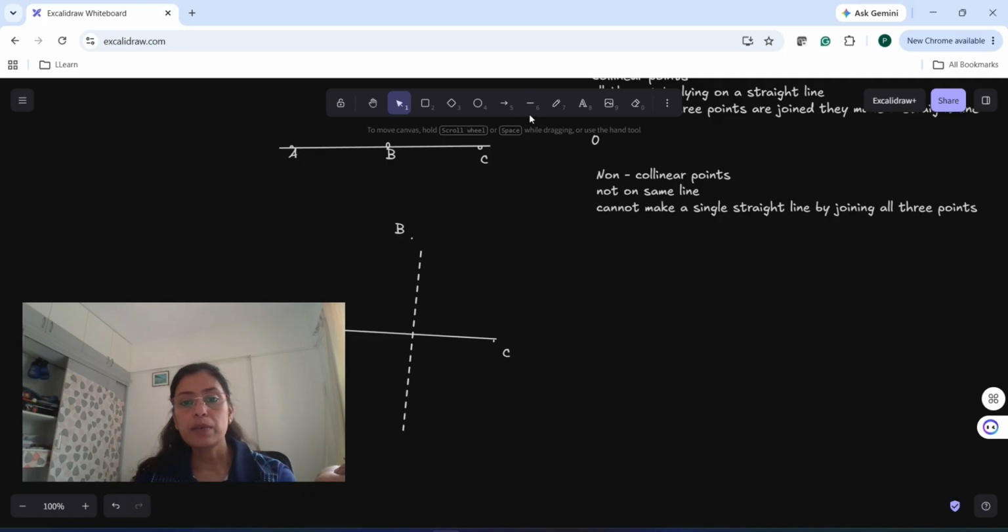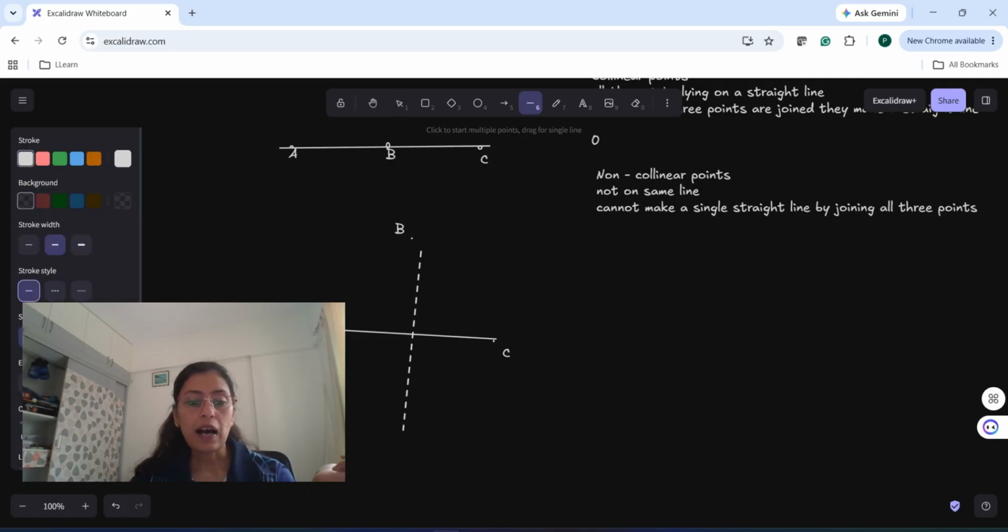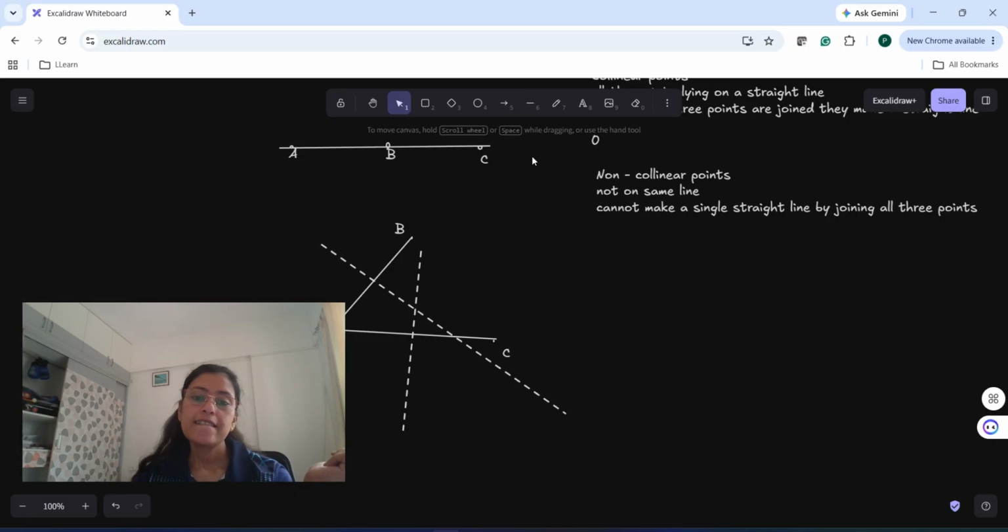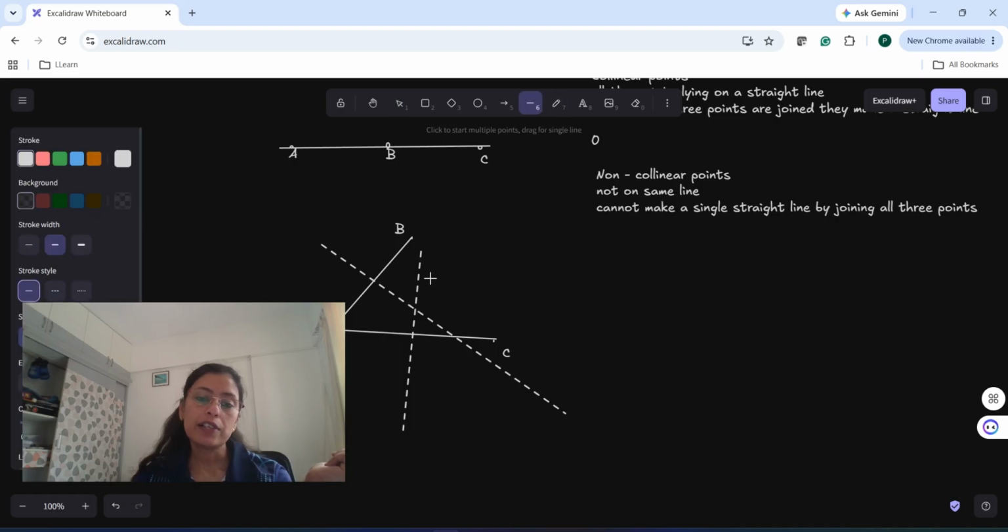Now similarly, I'll draw the line AB and draw a perpendicular bisector to this line. Third, I'll join BC and make a perpendicular bisector through BC.